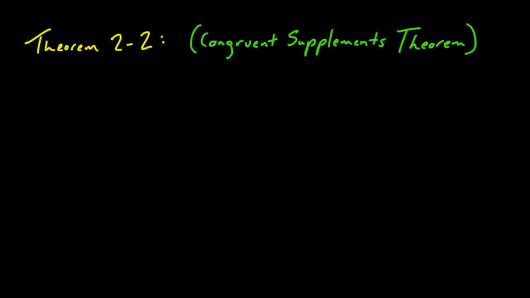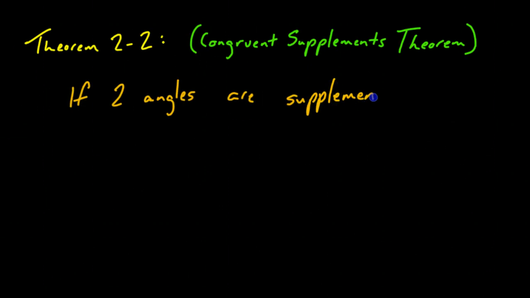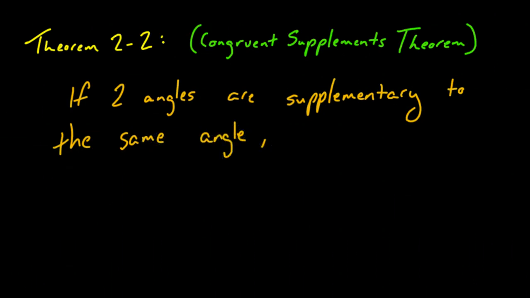Theorem 2-2. This one's going to be called the congruent supplements theorem, and all it states is that if two angles are supplements, remember, supplementary is adding up to 180, if two angles are supplementary to the same angle, then the two angles are congruent.